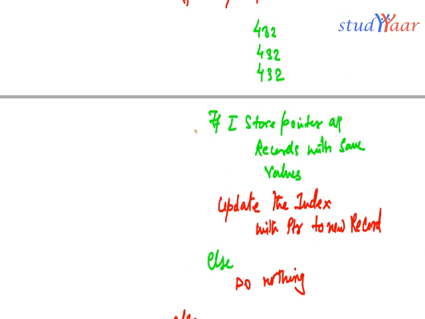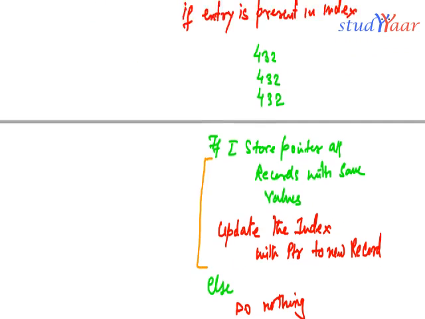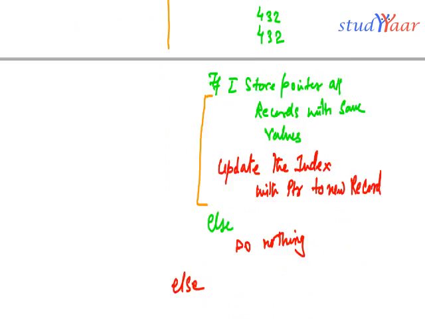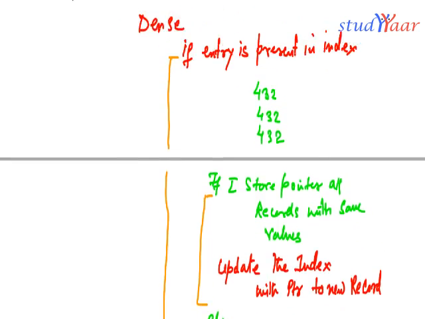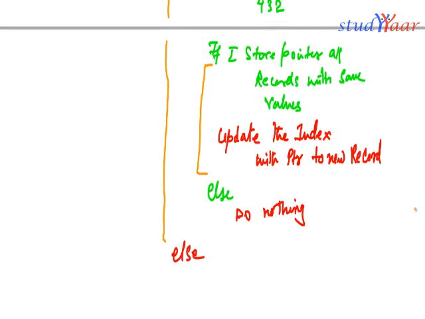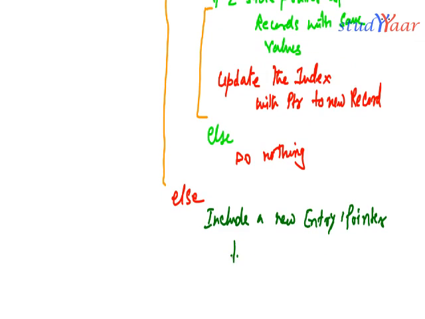If the entry is not present and this is a dense index, then we include a new entry and a pointer to this new record.